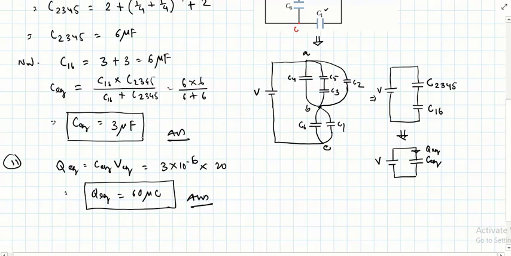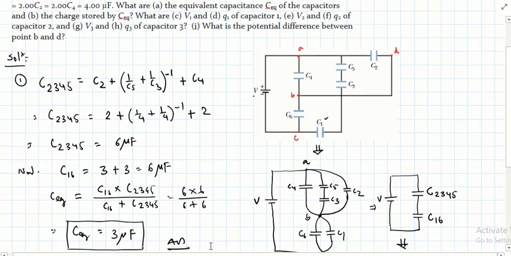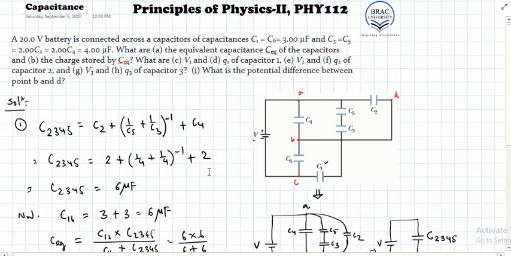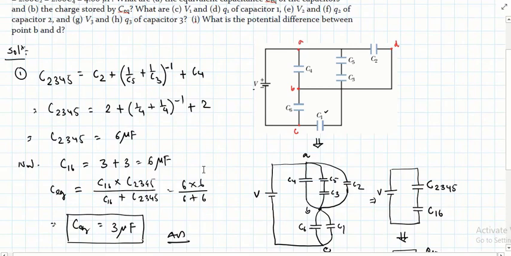So fine. Now question number 3, they ask what are the voltage and charges across the capacitor 1. I have to find out the voltage across this capacitor C1. Second, they ask me C2, voltage and charges. And third, they ask what is the charge across this capacitor and the voltage.